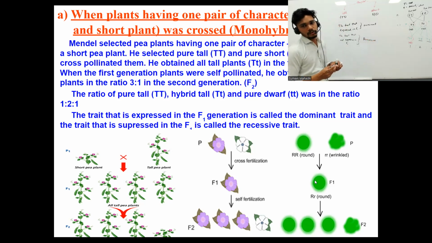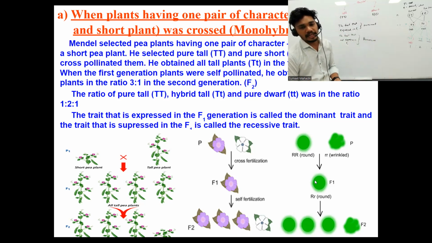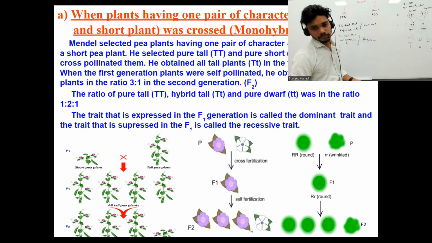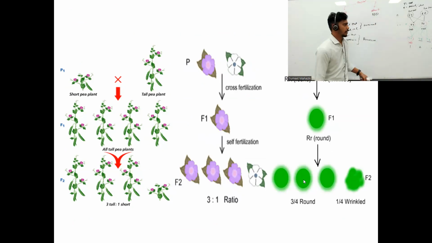Okay, recessive trait. So traits are how many types? Two types, dominant and recessive. Please write it quickly. That is done. Okay.